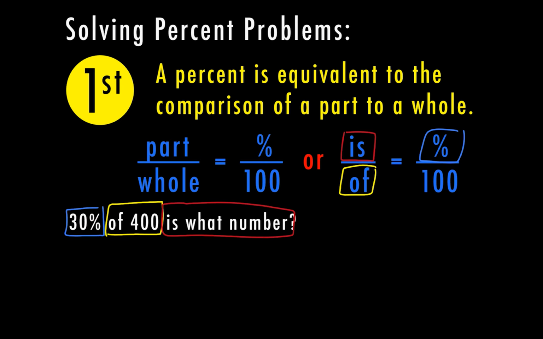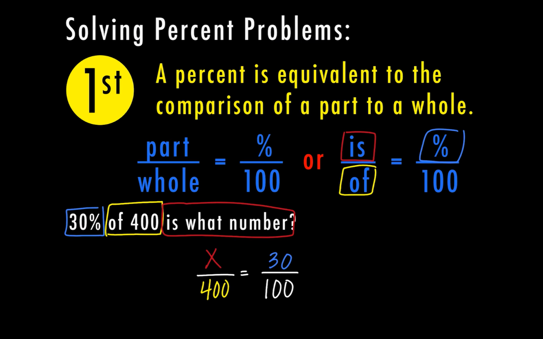So in place of is in my equation, I'm going to put an X because I don't know that number. Now 100 never changes. I have of 400, so that means my of is going to be 400, and my percent, it tells me, is 30.